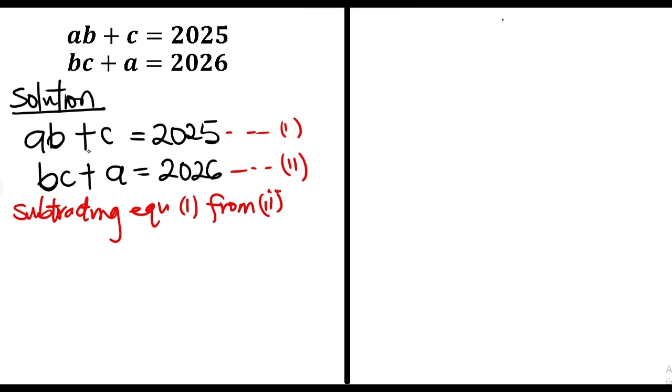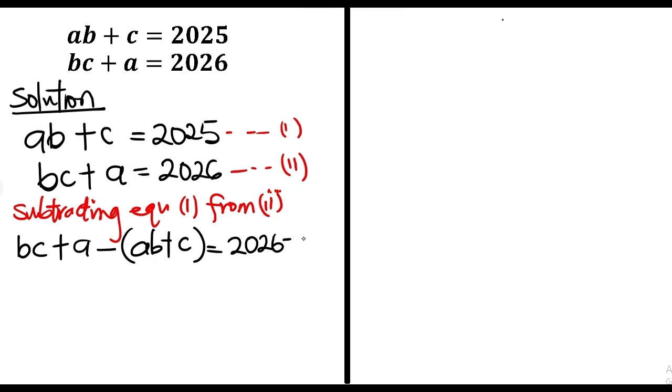So the left hand side is going to be taken from the left hand side and the right hand side taken from the right side. I'm saying the whole of this from the whole of BC plus A. So if I write this one first, BC plus A minus, that is everything here, AB plus C. Then I do the same thing to the right hand side, equals 2026 minus 2025.